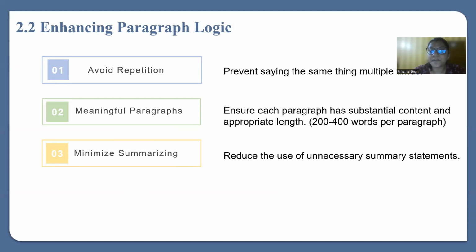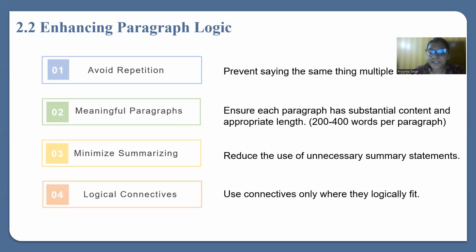Reduce the use of summary statements that do not add value to the paragraph. Instead, focus on delivering key points directly. Lastly, use logical connectives where they logically fit. These help in linking ideas smoothly and maintaining a natural flow in your writing.